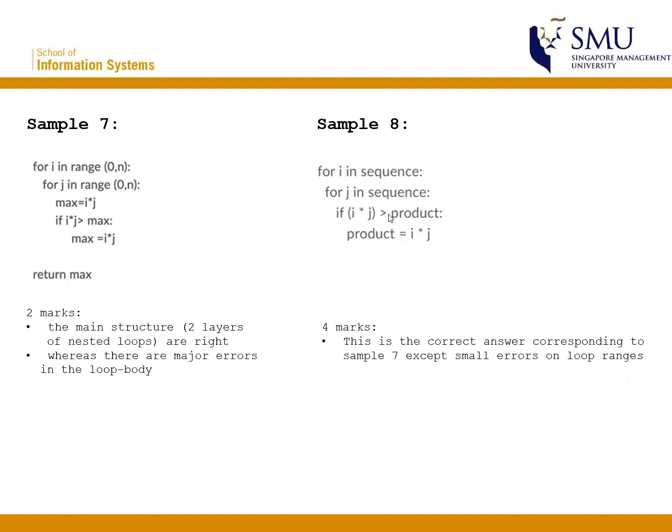The problem of this answer is that it also hasn't avoided multiplying the same number together, so it will get 4 marks. If it has another if condition to say that i cannot equal j, then it will get 5 marks.